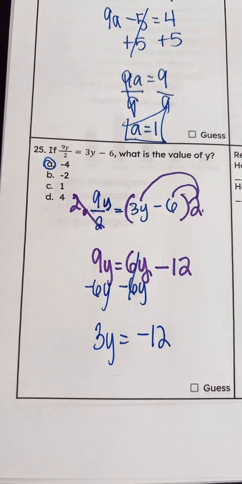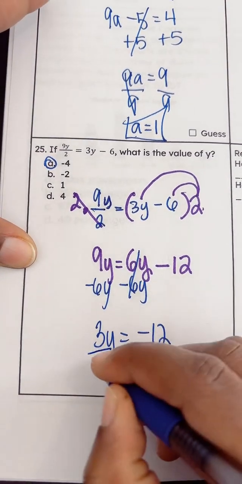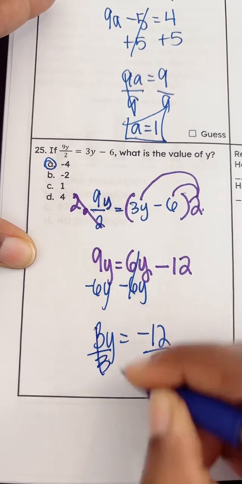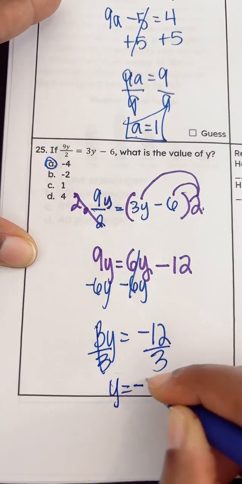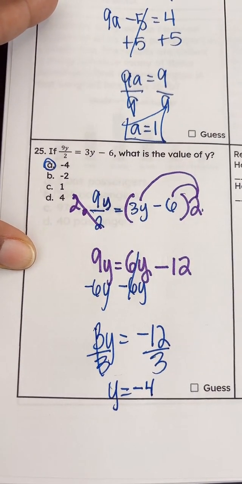Wonderful. Last step. Divide by 3. Wonderful, you guys. Divide by 3, divide by 3, and y equals -4. And yes, A is our beautiful answer.